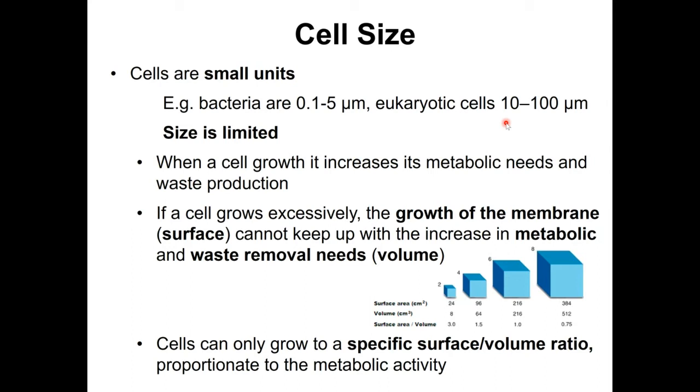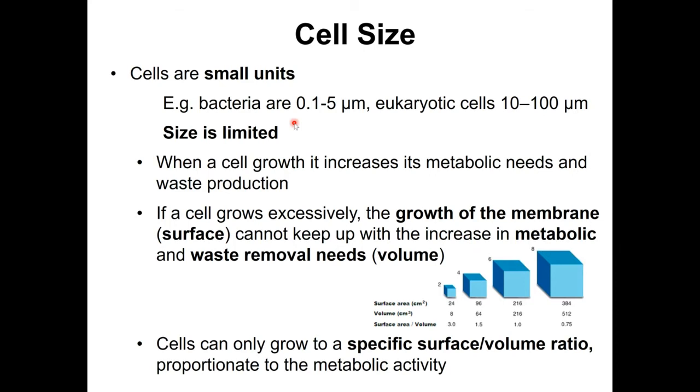Why don't we have cells that are 10 centimeters or 4 inches long? There are some, but they're made of the fusion of different cells, not single cells. So all cells are very small units. Look at bacteria, they're all in the range of a fraction of a micrometer to 5 micrometers. Eukaryotic cells tend to be about 10 to 100 times larger than bacteria.